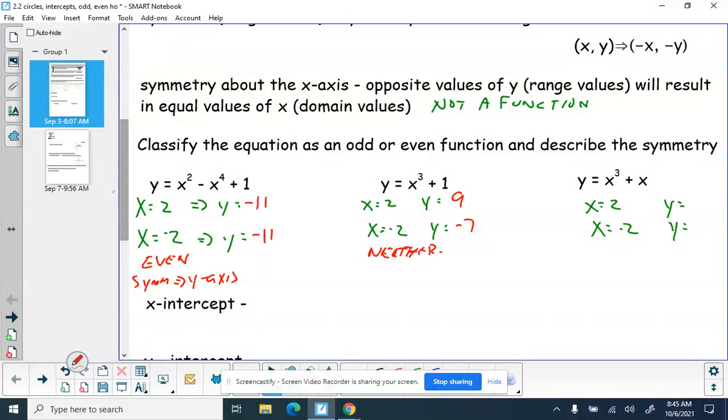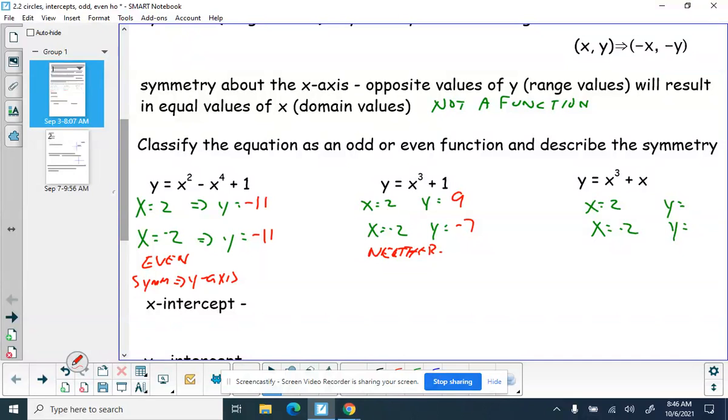It's neither. I put in 2, I put in -2. I don't get equal values, I don't get opposite values. Once again, need to watch our negative signs here. Okay? I have 2 cubed, which is 8, plus 1, that gives me 9. I have -2 cubed, that gives me -8. -8 plus 1 is -7.